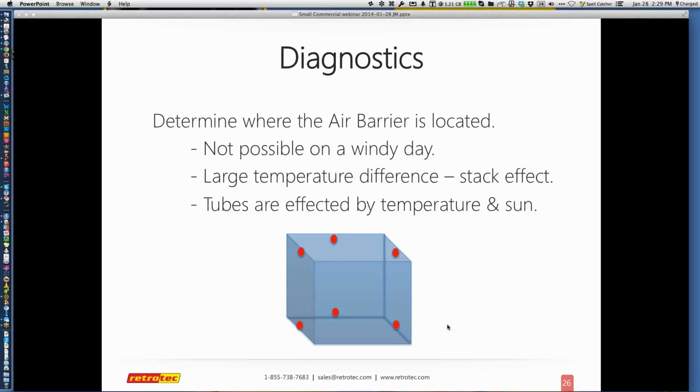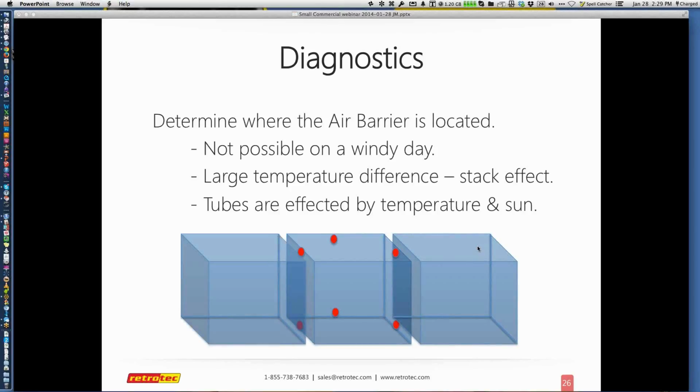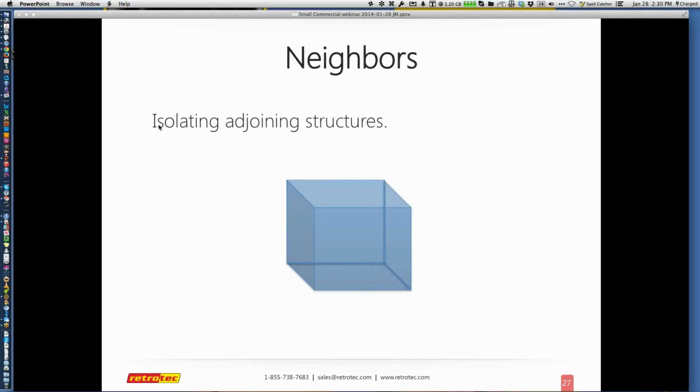This may take you a couple of hours, so the temperature may be changing, or the sun may be beating down on your tubing that references outside. Those things could impact your testing procedures. And how is it related to proximity to other structures? If you're trying to isolate adjoining structures, I have some slides towards the end to demonstrate how I can, with 1 or 2 fans, control or set this up.